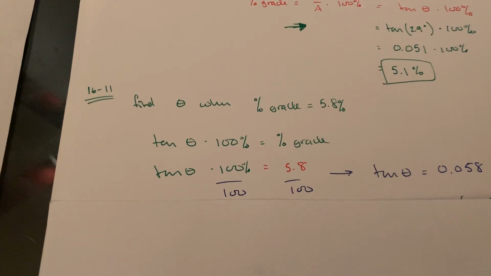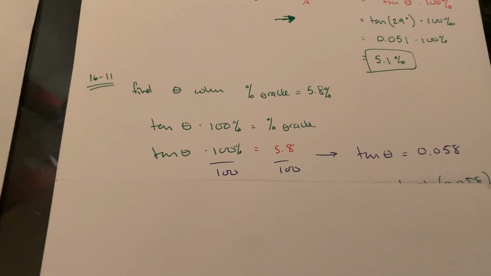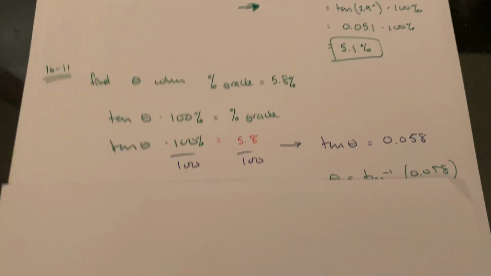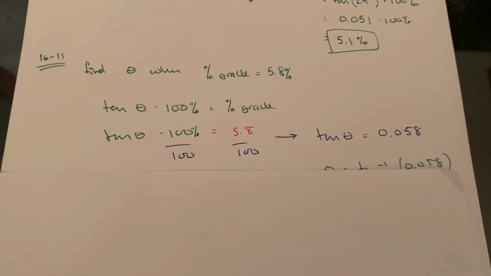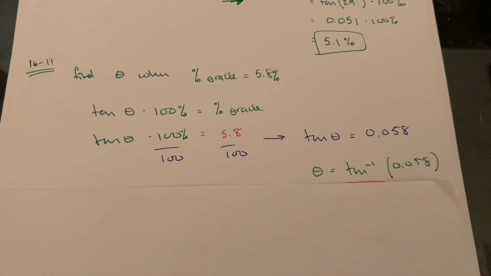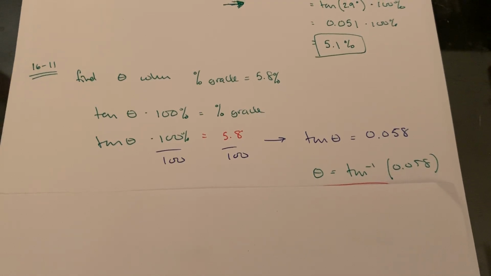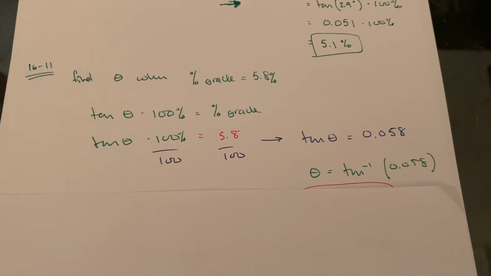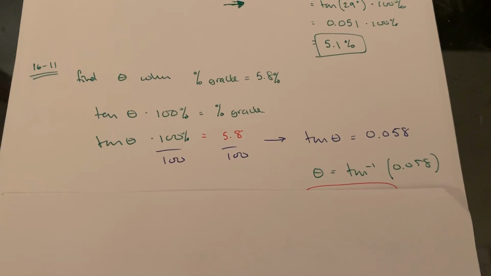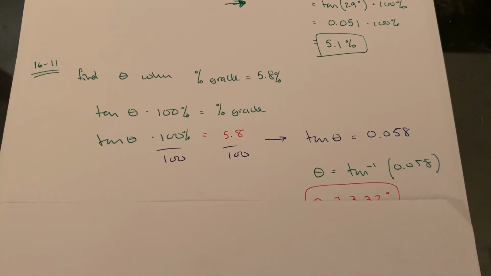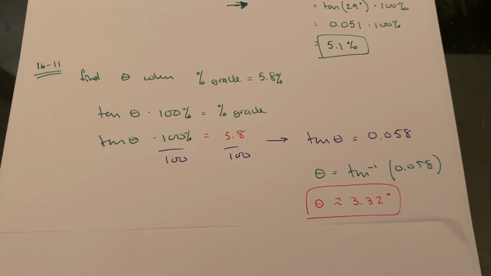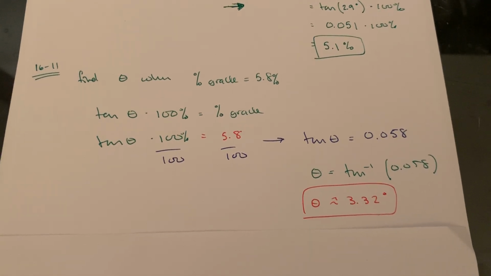So if I divide 5.8% by 100, that would be 0.058. So the tangent of the angle should be 0.058. From there, I can use my inverse function on the calculator. If I do tangent inverse of 0.058, I get the angle, in this case 3.32 degrees.